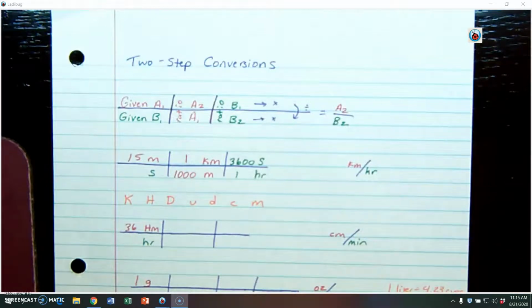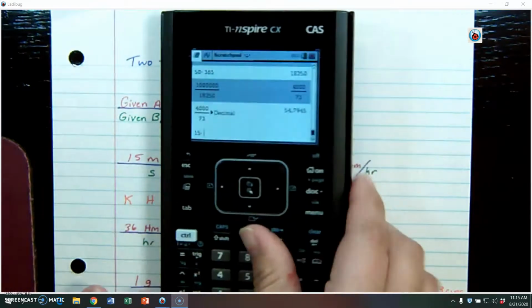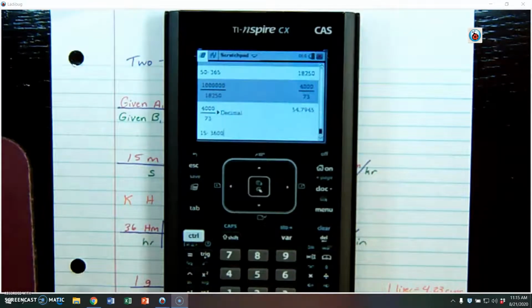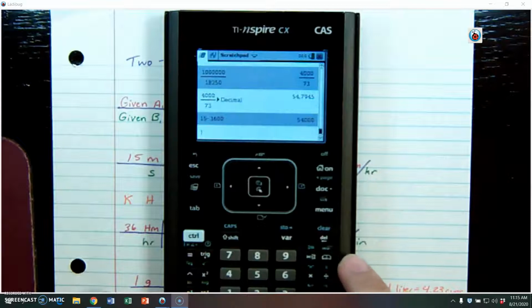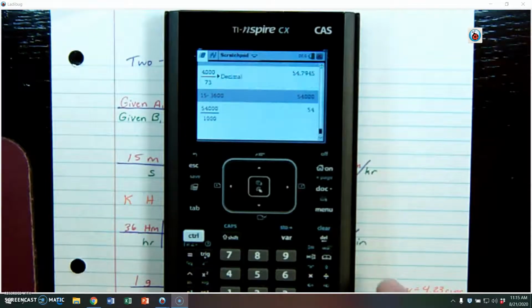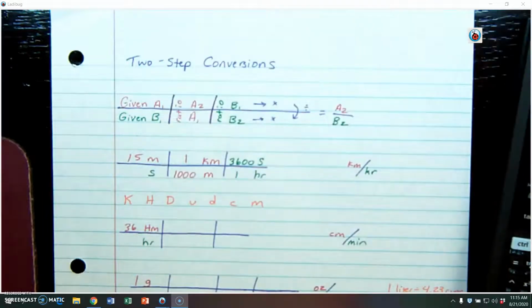Okay? Last thing that we need to do is just multiply the things that are on the top, divide by the things that are on the bottom. So I'm using my calculator. I'm going to do 15 times 3,600. And then divide by what's on bottom, which is 1,000. So I've got 54.